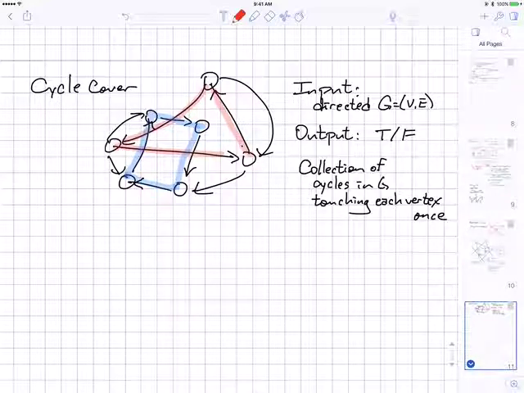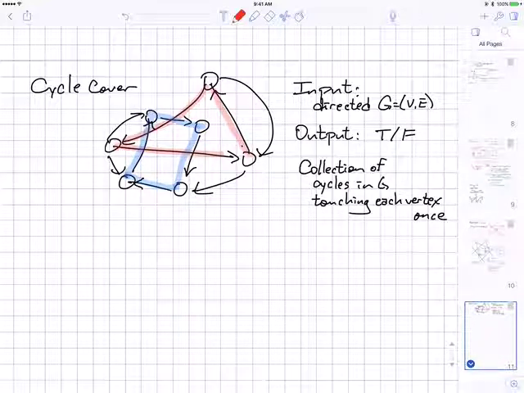So maybe the thing to think about here is, what's an easy way to describe this collection of cycles? Then you return false. So suppose there is such a thing.